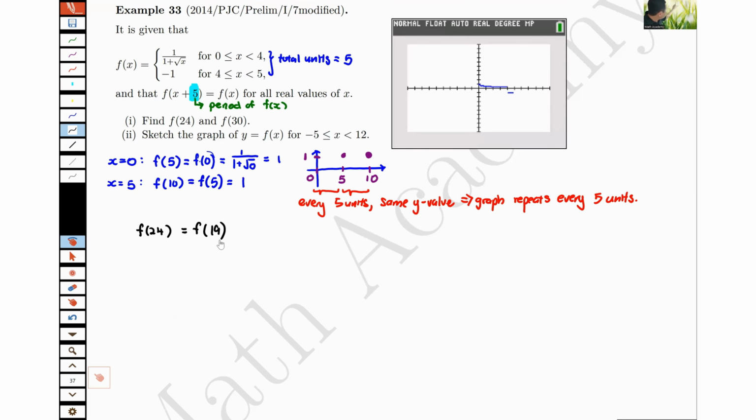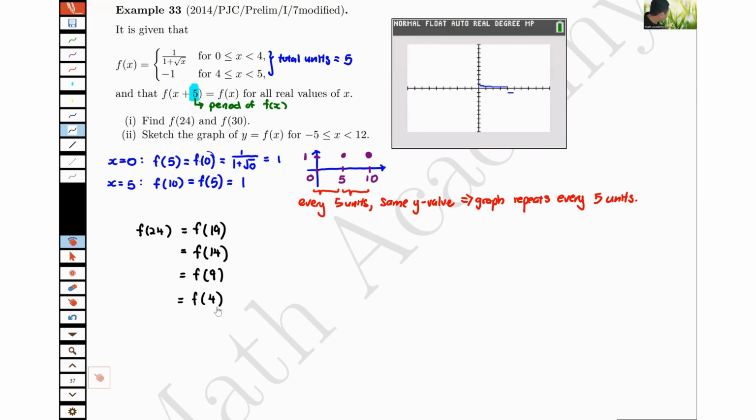Even though the equation given was a plus 5, we understand that every 5 units is the same y value. So 24 and 19 have the same y value. I can continue to do this. We keep subtracting 5 until you get a number that is inside the domain. So 24 gets to 19, 14, 9, and eventually 4.